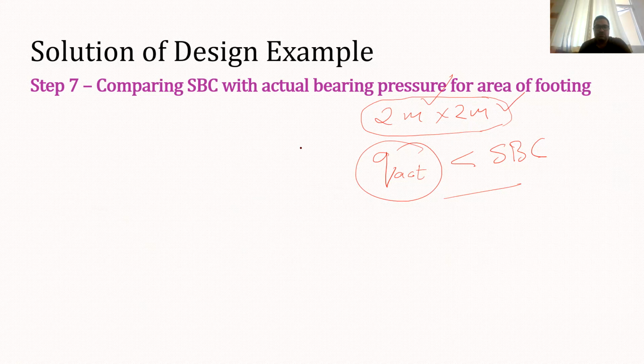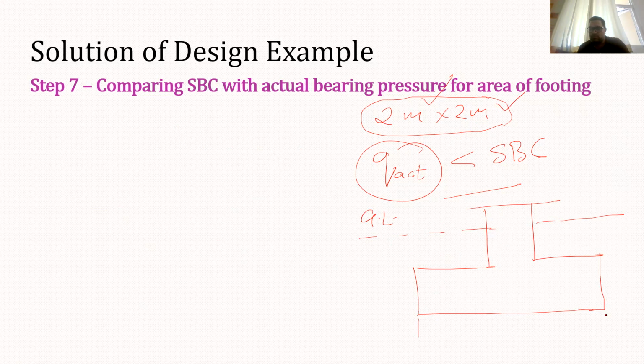Now, I will try to show that using the diagram also. Say, for example, this is our foundation and this is our footing. Now, for example, this is the ground level, and this is the width of footing. And suppose the depth of foundation from the ground level is 1.5 meter.